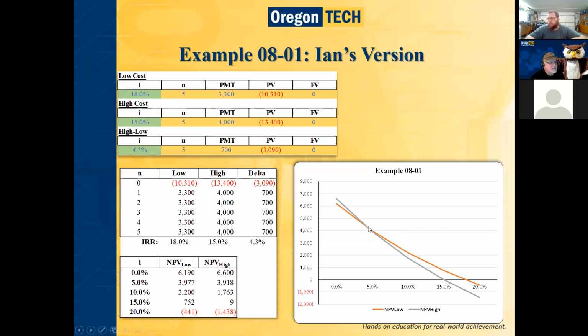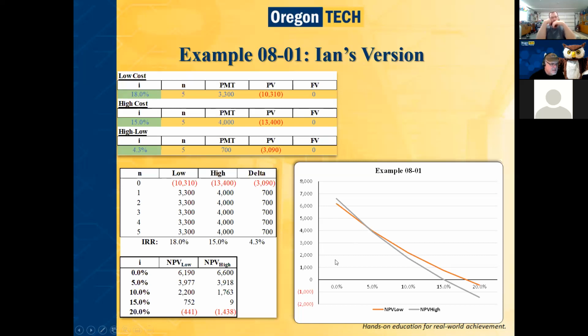In this case, you would say, well, after a certain point, it's not worth spending the extra money to invest that extra $3,000 or so on the high cost version, even though it has more capacity, because if money costs you more than 4.3%, it's not worth putting the money into that higher expense. You're not getting as much return for the higher volume one. And that's where the cost of money starts becoming really important in this.